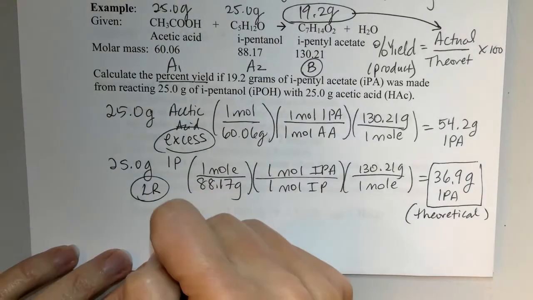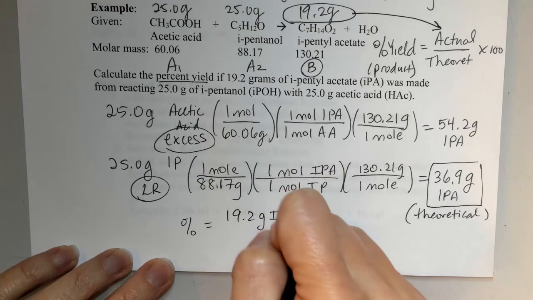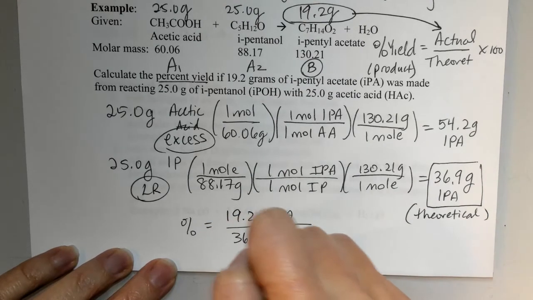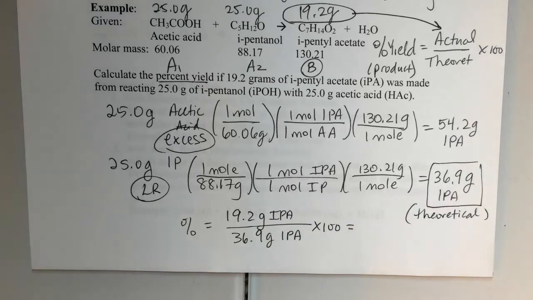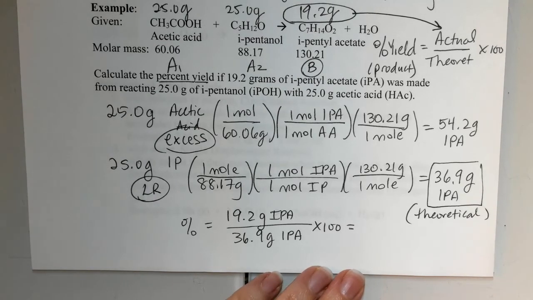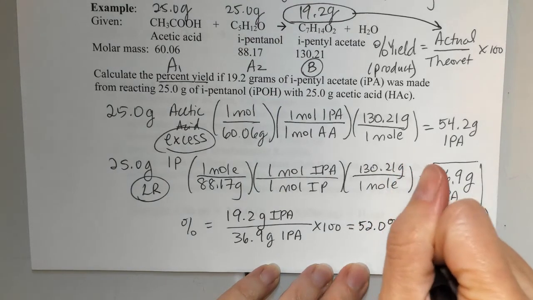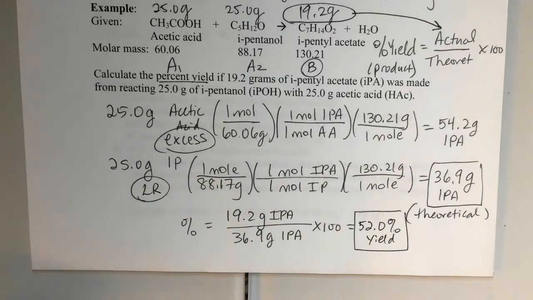Now, according to the question, my actual yield was 19.2 grams. But based on my calculation, I should have had 36.9 grams. So when I do my percent yield, I take my actual of 19.2, divide by my theoretical of 36.9, times 100. Don't round to a whole number, keep your sig figs. So I get 52.0% for my yield of the ipentyl acetate.